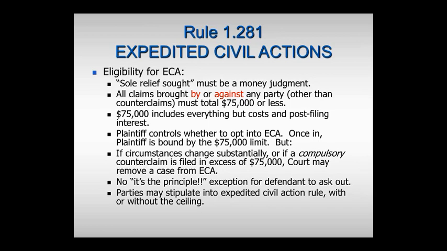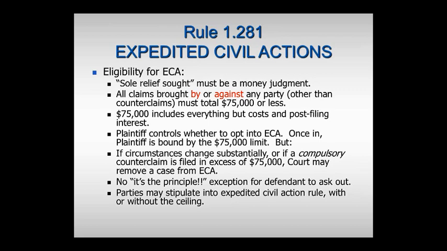Well, I apologize. There's only two ways out of the ECA. One is for the defendant to file a compulsory, not permissive, but compulsory counterclaim, a value of which is in excess of $75,000. If the defendant does that, the court has the authority under the rule to remove the entire case from the ECA.